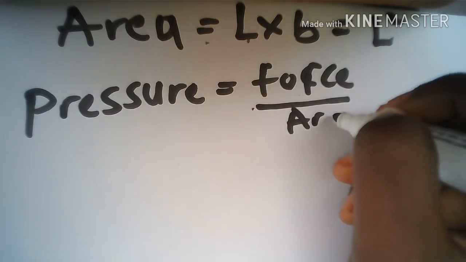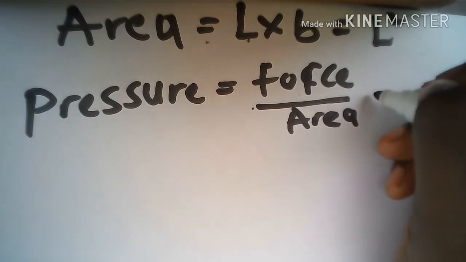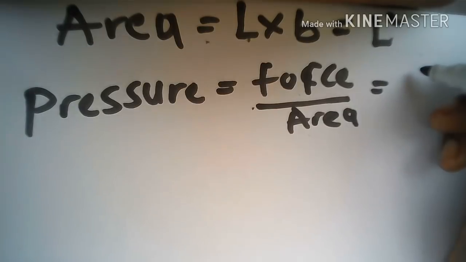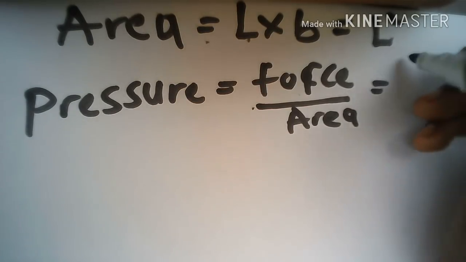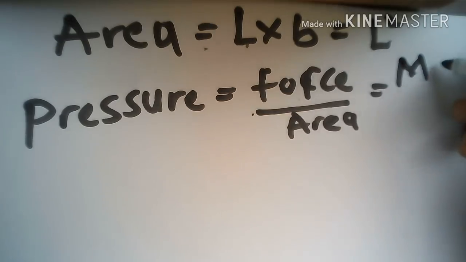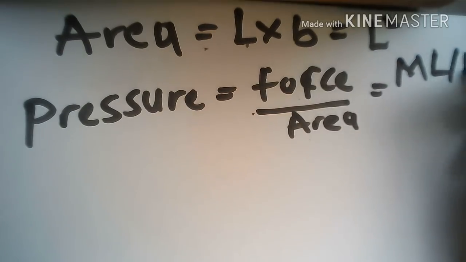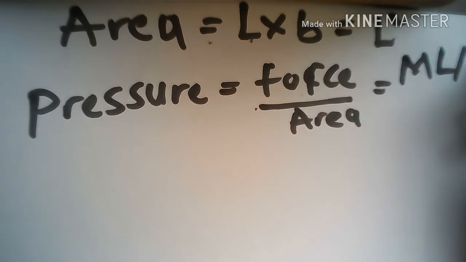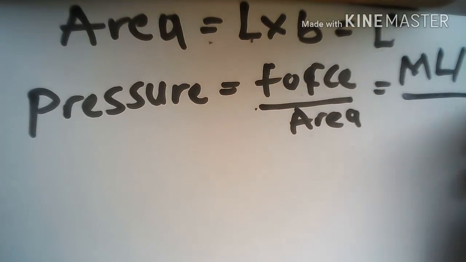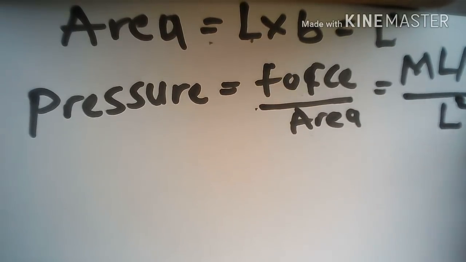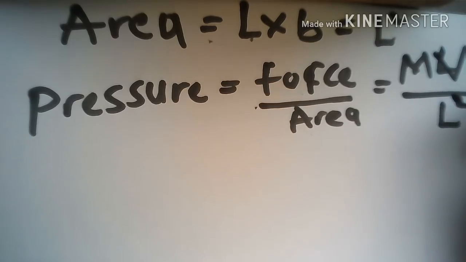Now pressure is equal to force over area, so we're going to input all the dimensions into this formula. So I've gotten the dimension of force as M L over T, and over area, which is L squared.